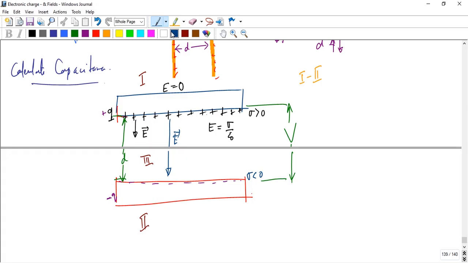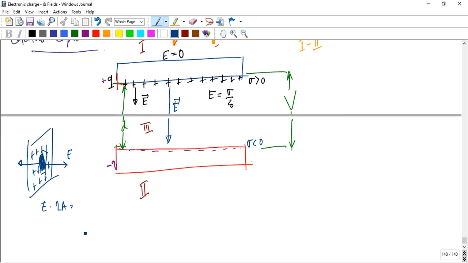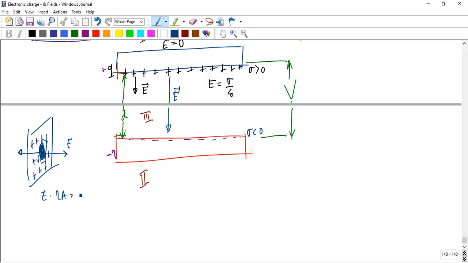from the application of Gauss's law, we know how to calculate the electric field near a sheet. In a sheet with a positive charge, the area in that direction is E. Similarly in the other direction, so E times 2A, area meaning twice A. That means sigma over epsilon naught.